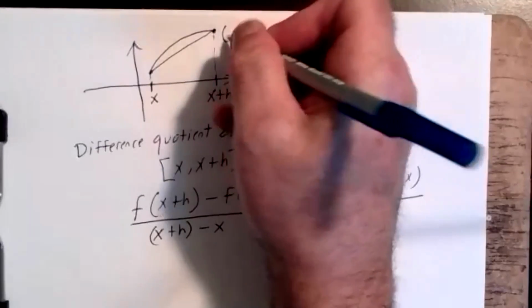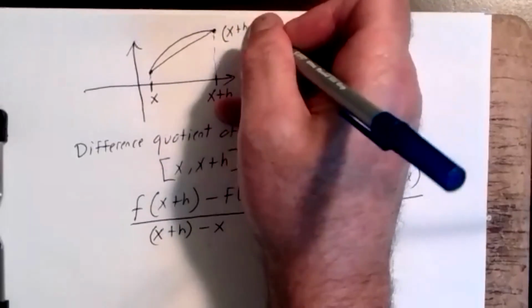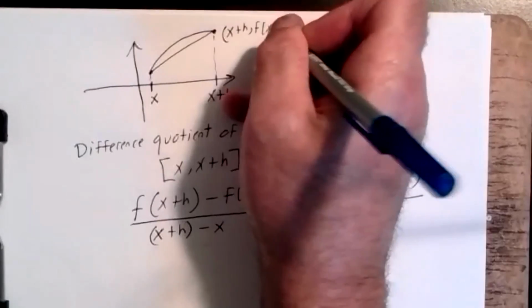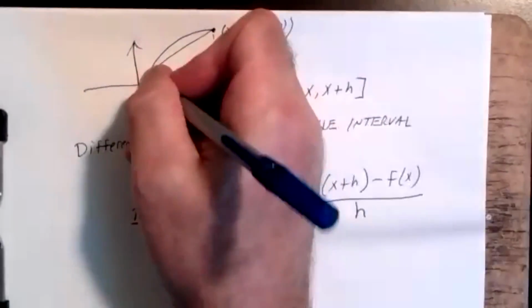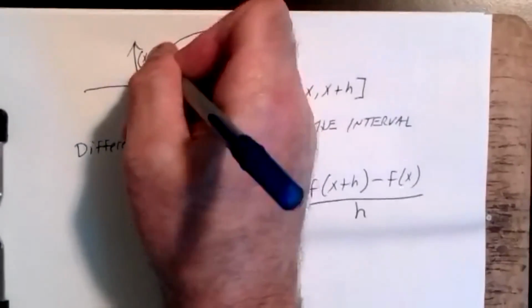Where this point here is the point x plus h, f of x plus h. And this point down here is the point x, f of x.